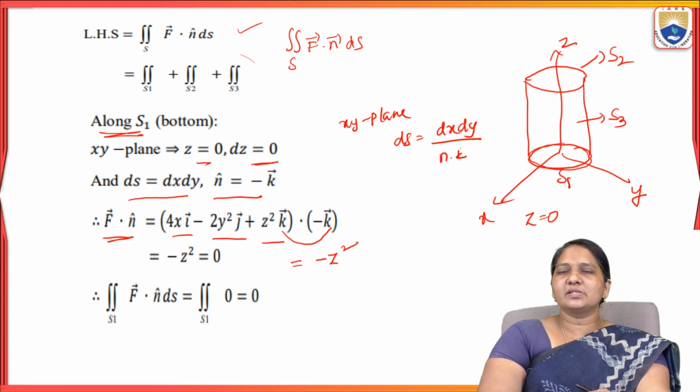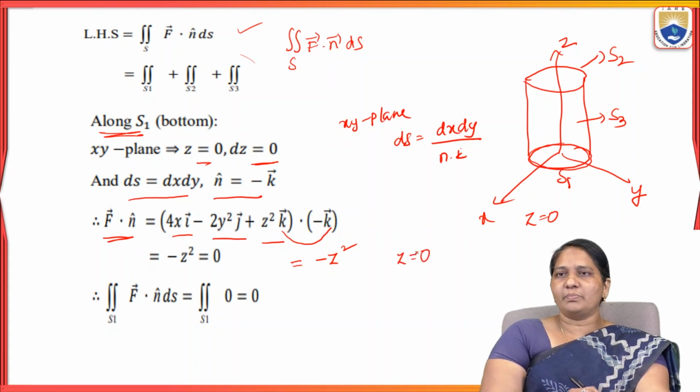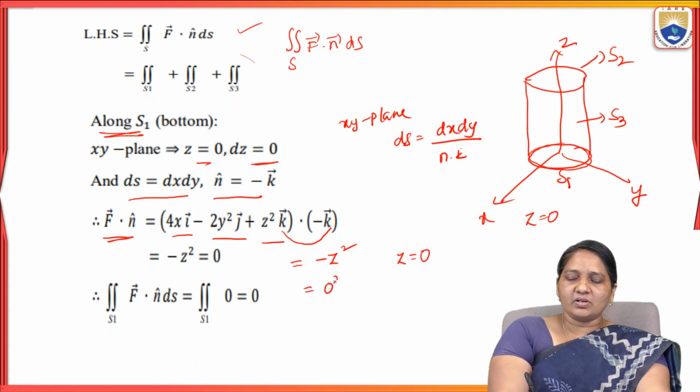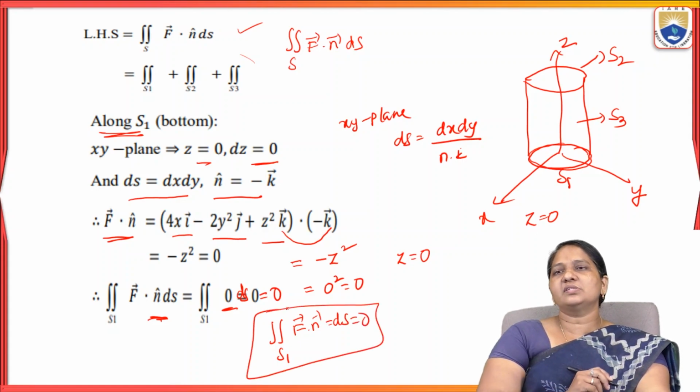We already know the z value in the xy plane is 0. That means this value is 0 square, nothing but 0. So F dot n ds is 0, and 0 into ds is nothing but 0. So along the surface S1, F bar dot n ds is 0. That means the first surface value is 0.